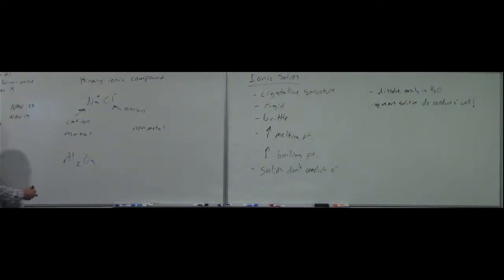So, aluminum, take a look at where it's at on your periodic table. What charge is it going to have as an ion? Plus 3.